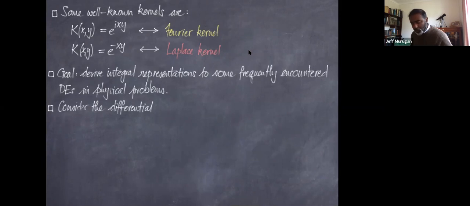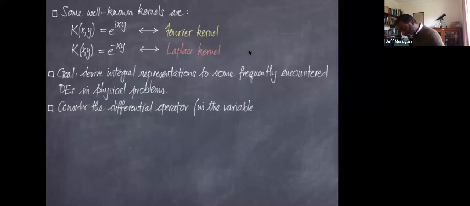I am concerned about the operators that show up in these differential equations. So everything's going to be phrased in terms of operators and operator calculus. So consider the differential operator in the variable z, and I'm going to call this thing L sub z.